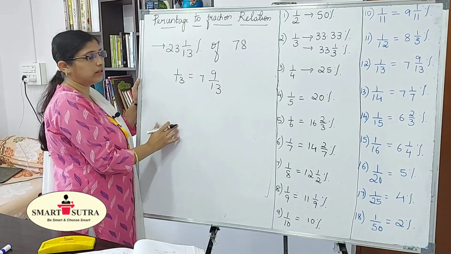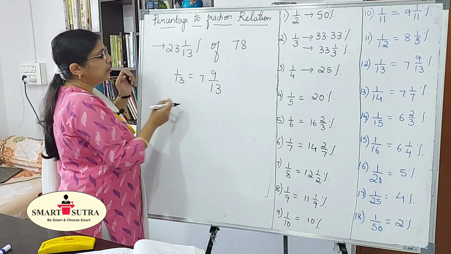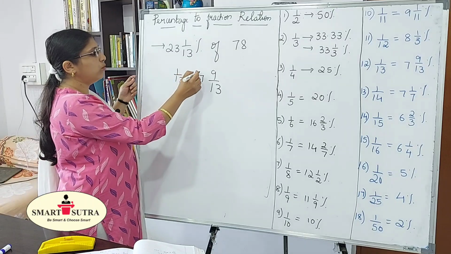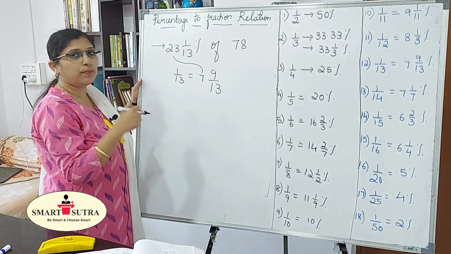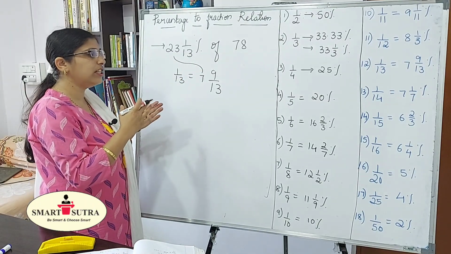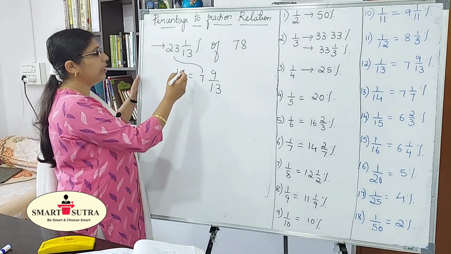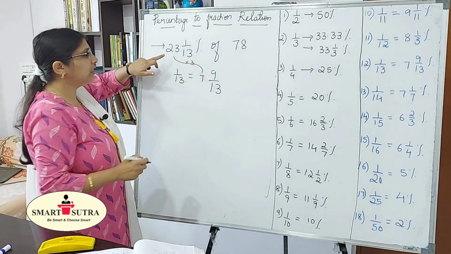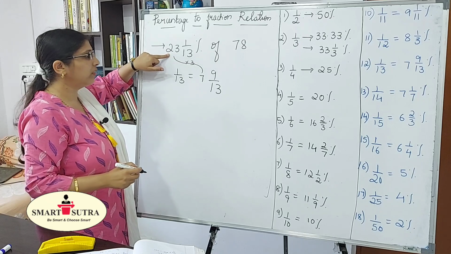This you have to learn by heart. Then what will be the relation between 7 and 23? If not completely a multiple, you have to at least find the approximate multiple. So 7 traveling by 3 times we can reach somewhere near 21.